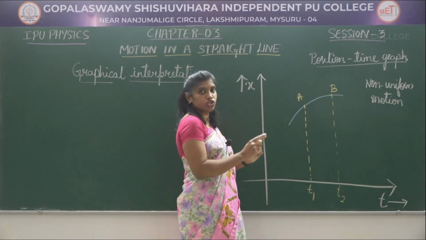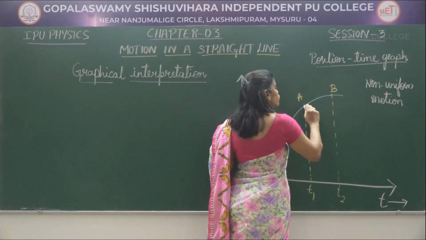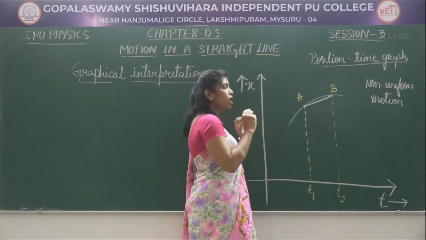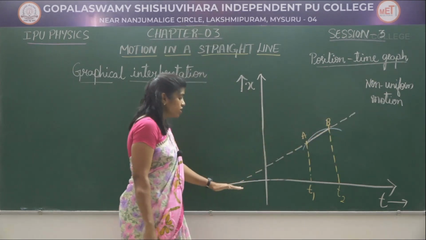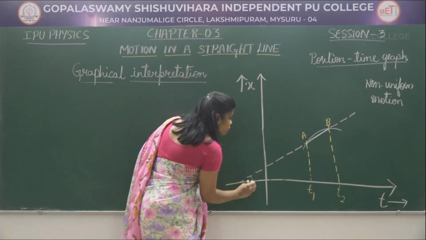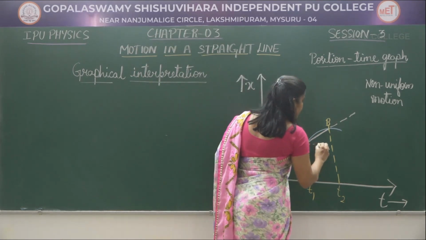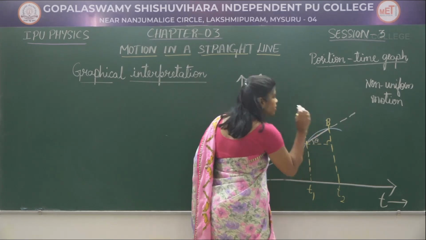I need to join these 2 points A and B. Therefore, I am going to join them using a chord. I have drawn a chord to join them. I have extended this chord to the x-axis, made an intercept with the x-axis, and I am going to call this angle theta. Here, I will draw a perpendicular which forms a right angle triangle and this angle becomes theta.